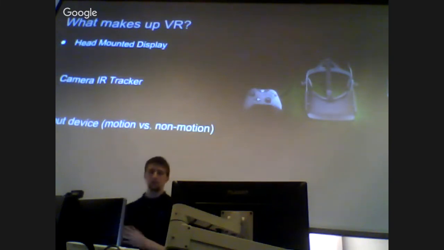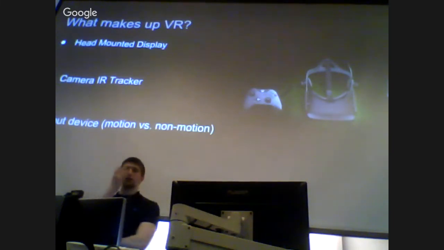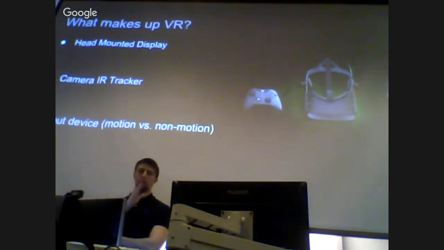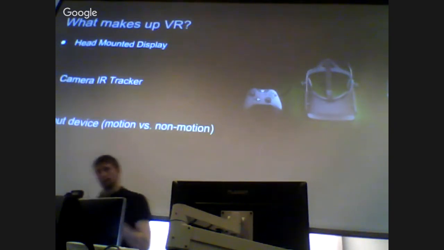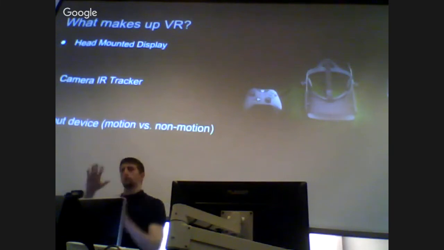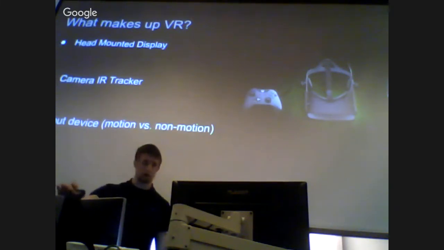Now, virtual reality doesn't just have a screen that's strapped onto your head. Most of them have a camera tracker that actually tracks the position as well, because if you lean over, it's going to track the rotation, but the position still needs to be tracked as well, and that's how the camera is involved, this little guy right here.